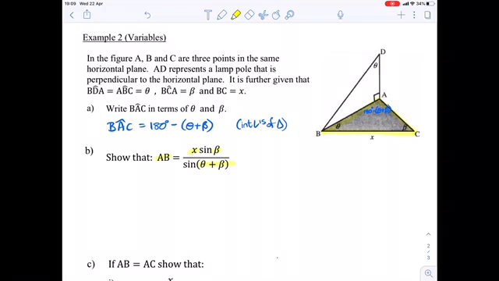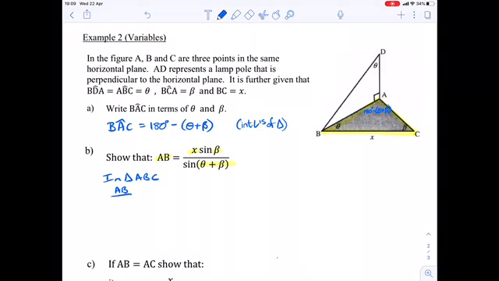It's got beta and it has x. So let's have a look. In triangle ABC, we've got one side, 3 angles. Okay, so with 3 angles and a side, we've basically got enough information to use the sine rule.